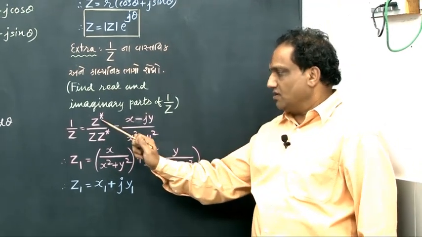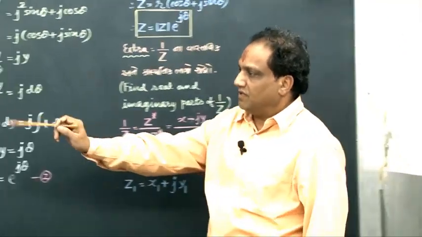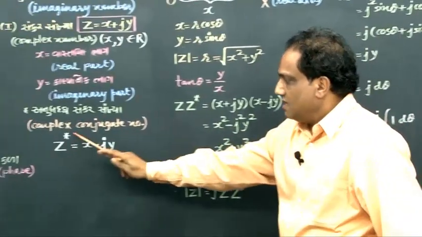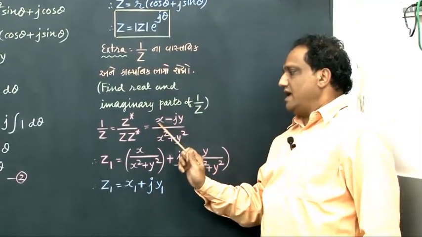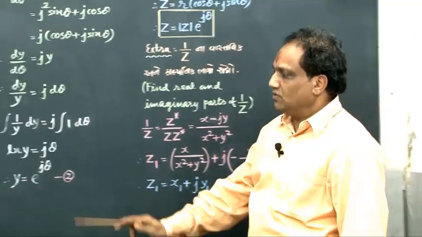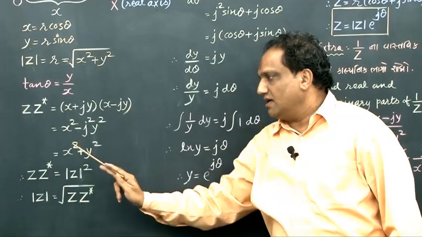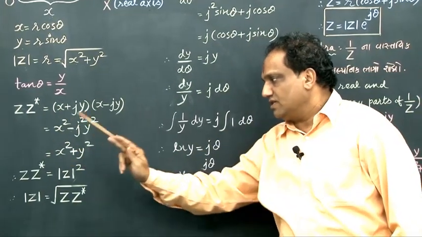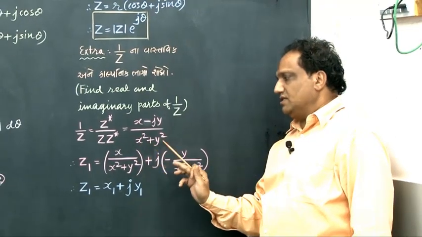What is z star? From the definition, z star is x minus jy. z into z star is nothing but x square plus y square.